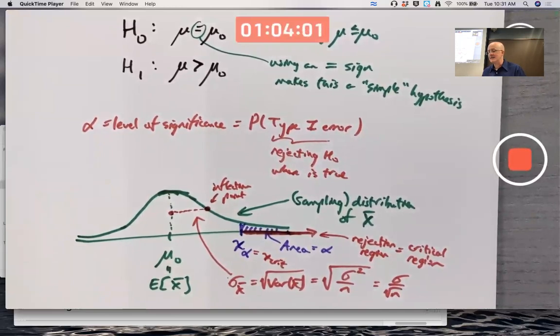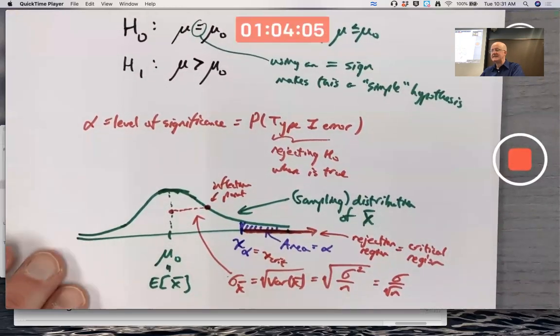Standardization, converting to Z, means we can also think about these ideas in the context of a standard normal distribution.